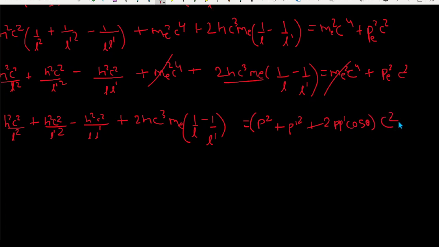So here p is the momentum of the photon, and p dash is the momentum of the photon after striking.